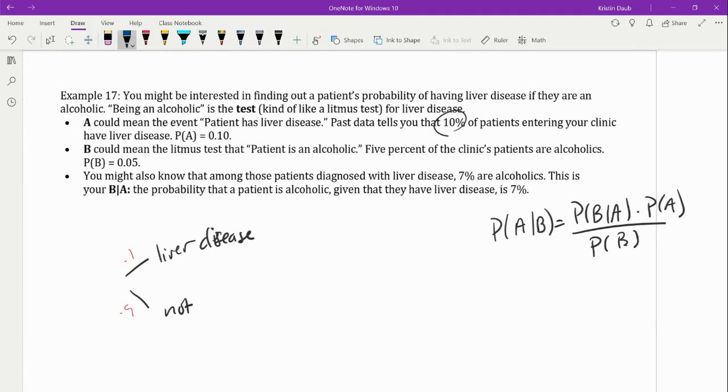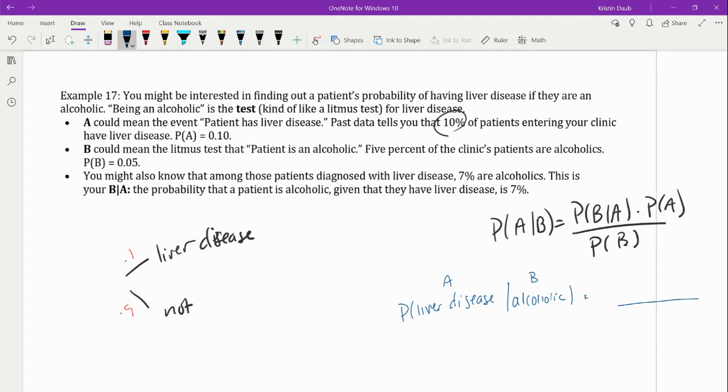And we want to know the probability that they have liver disease given the fact that they are an alcoholic. Okay. So this is the clinic for alcoholism. And the people who walk in, we know that 0.1 of them have liver disease. So this is going to be the probability of A given B. So there's my A and my B.